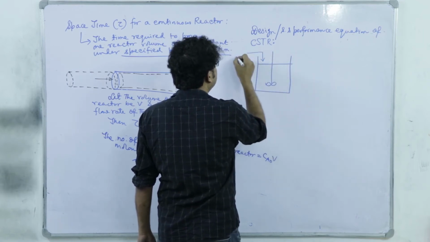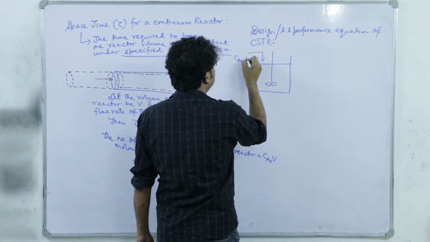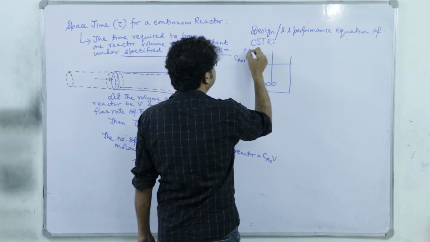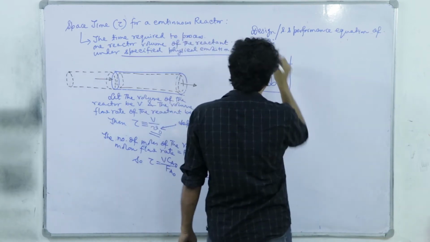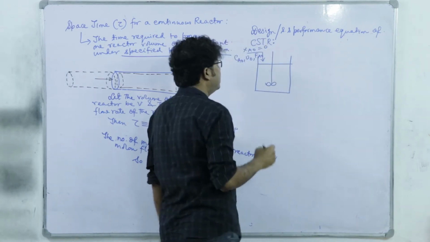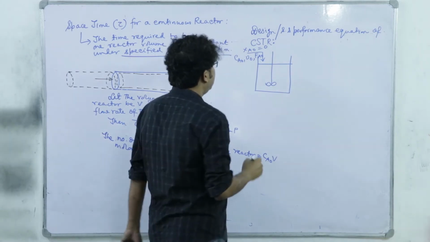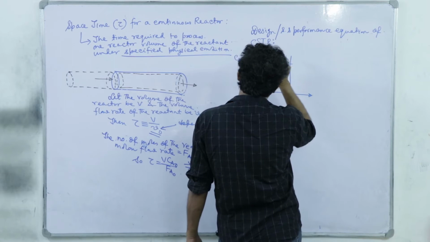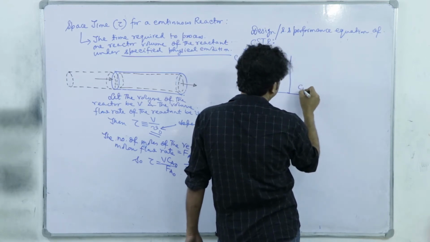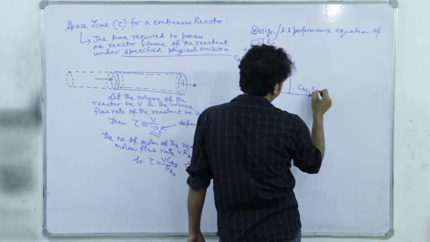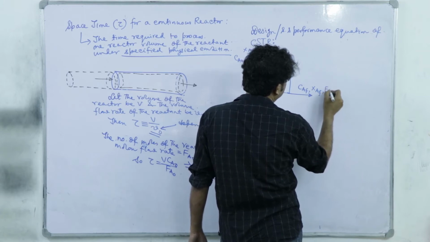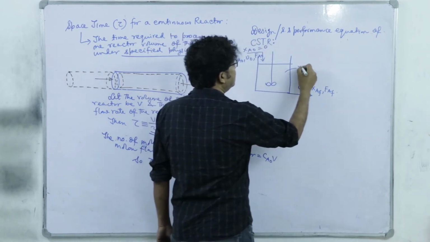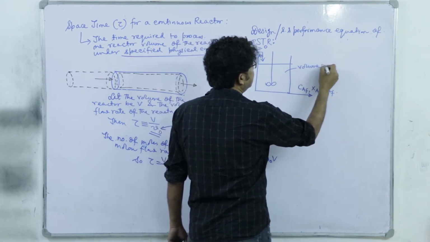Now, you see here it is Ca naught, V naught, Fa naught, Xa naught. Right, generally for the first time we consider it to be 0, the unreacted reactant. Here it is CAF, XAF, FAF, and the volume is V.